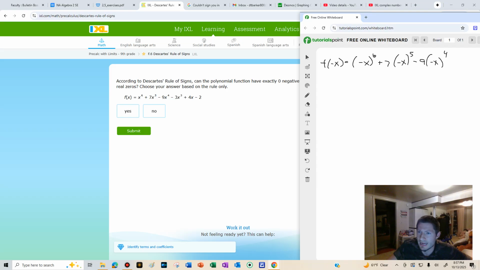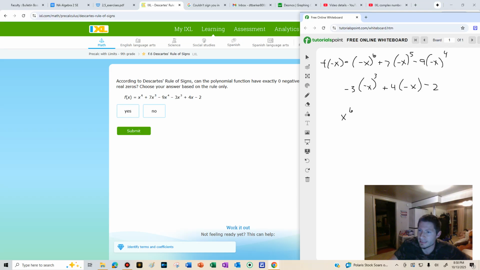Sometimes, when you have a negative x being raised to a positive even exponent, that will become a positive. So this would actually be x to the 6th.